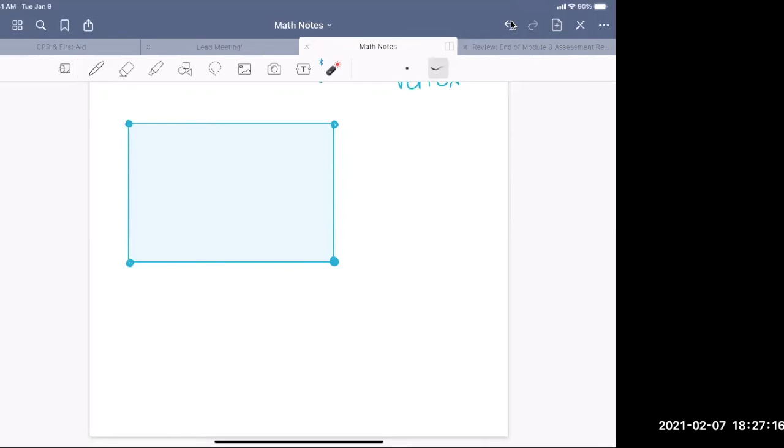But we can identify any point on this picture, and we can show that it is a ray, because this point here and this line right here extend on forever and ever and ever. So our ray here keeps going forever until it stops right there. So there's our ray, and then we have another ray going the other way.